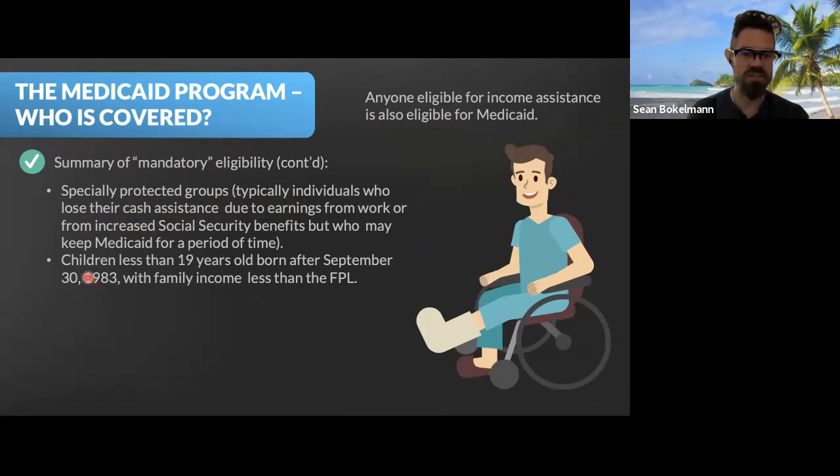And then the last group is children who are under the age of 19, born after September 30th, 1983, with family income less than the federal poverty line. So these are the minimum requirements for all states. But then states can elect different eligibility requirements that are more generous than this if they like.